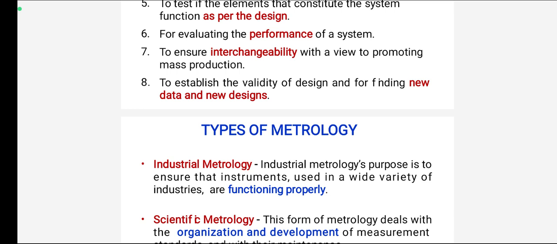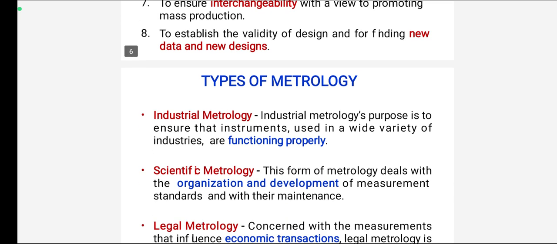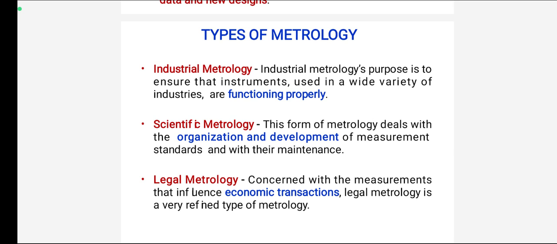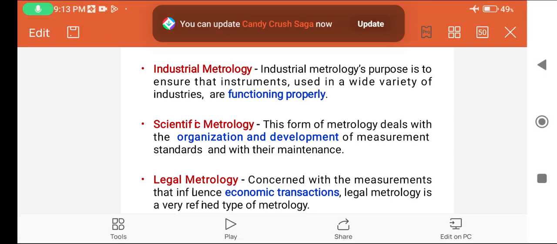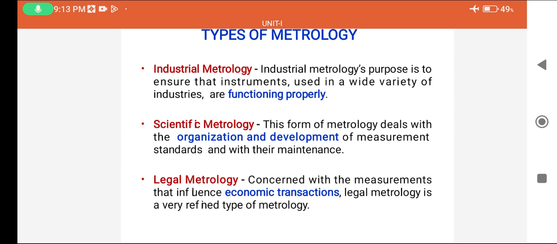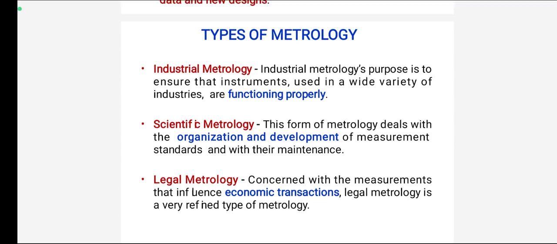Next we go for the types of metrology. There are three types of metrology. The first type is industrial metrology, the second is scientific metrology, and the third is legal metrology. Now we are going to brief about industrial metrology. Industrial metrology's purpose is to ensure that instruments used in a wide variety of industries are functioning properly.